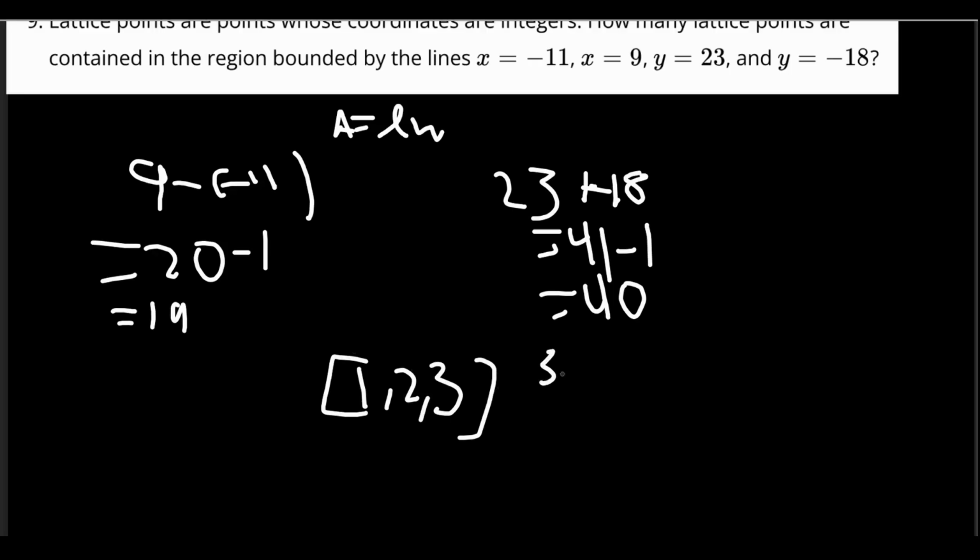So we have 3, and we can just minus 1, and that would leave us with 2. But there's obviously 3 points, not 2. So we have to add an extra 1, and that would leave us with 3. But I'm subtracting 1 here, not adding 1.